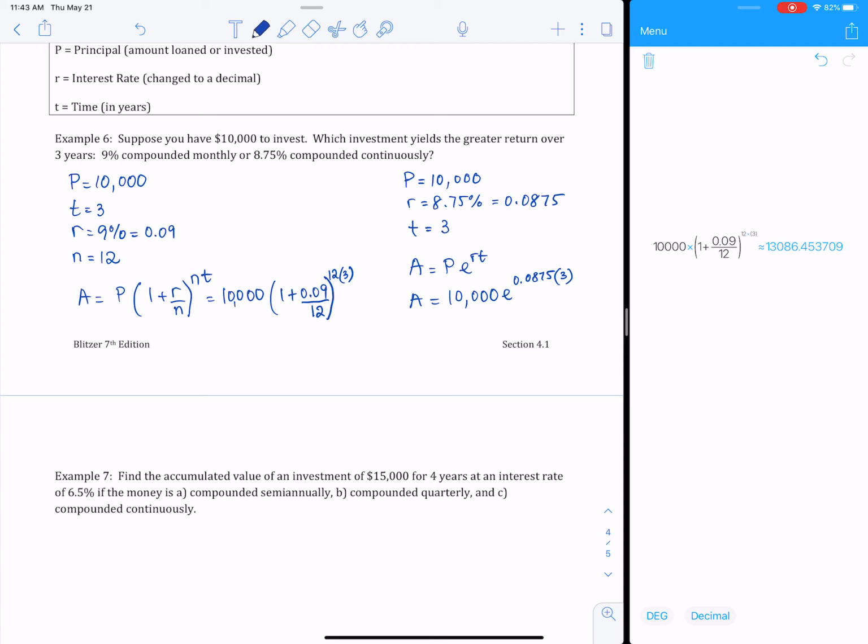And it looks like after 3 years, compounded monthly, the future value is going to be $13,086.45. Compounded continuously, we're going to have 10,000 times e powered by 0.0875 times 3.